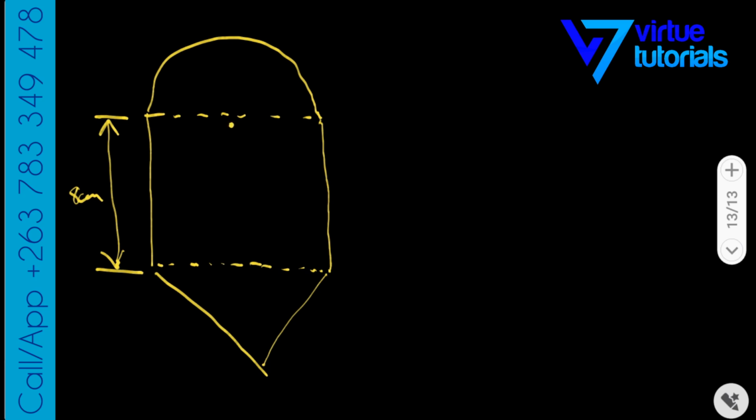And then from there to there, let me just put it like this, 14 centimeters. That doesn't look like a 14, so 14 centimeters. And then from there to there, 4 centimeters. So what we realize here is that we have three shapes.